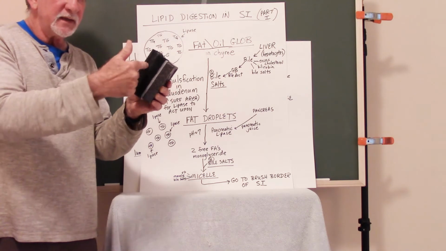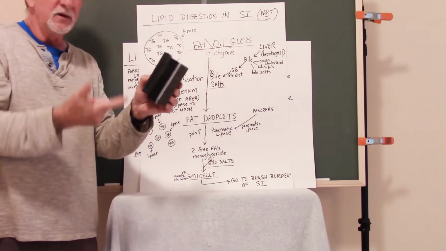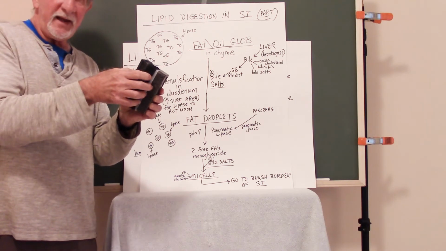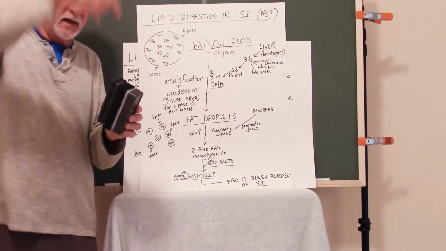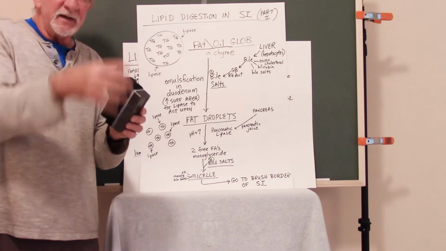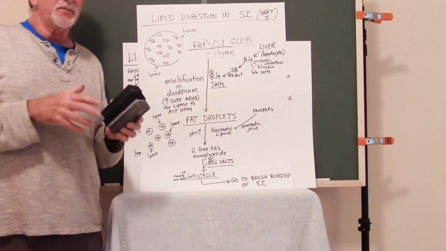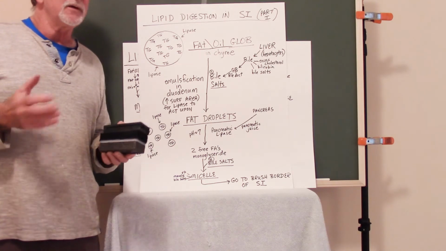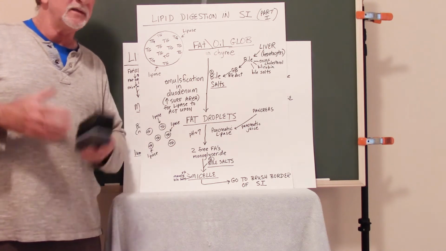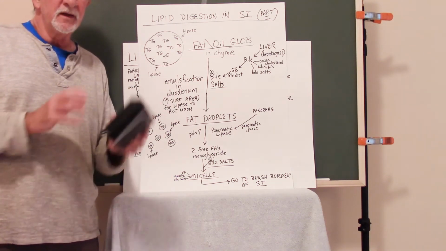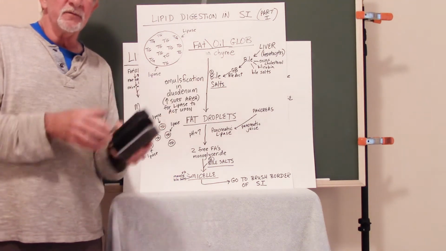So the lipase enzymes can only act on the triglycerides at the surface, but they can't, until they've eaten through all this, get to the triglycerides deep down inside this glob. So emulsification is a process that increases total surface area because it breaks these globs up into tiny droplets. So watch what happens to surface area.